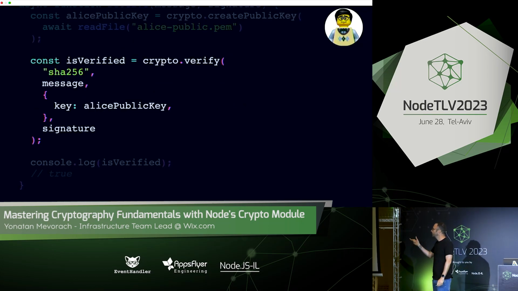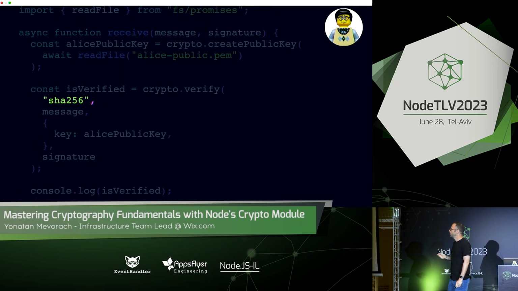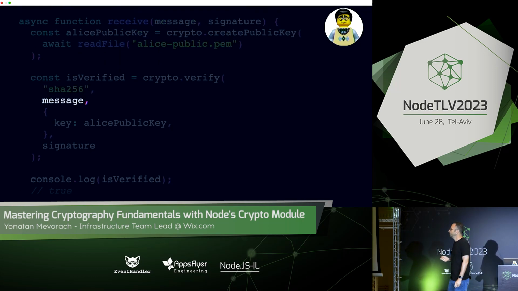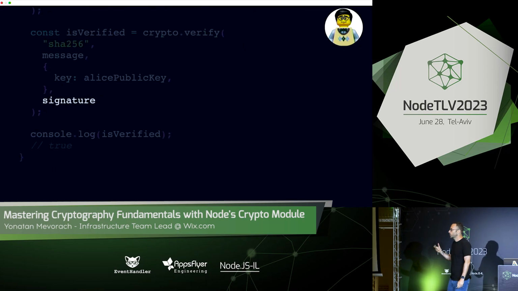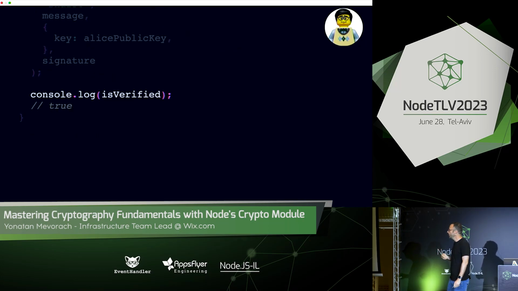You can see that the other party uses a very similar API to the other side. So the parameters are pretty much the same, but he also needs to pass in the signature, which we want to verify. And this will only return true if indeed the math checks out and the signature matches the keys used.